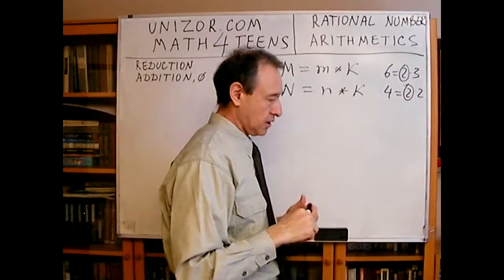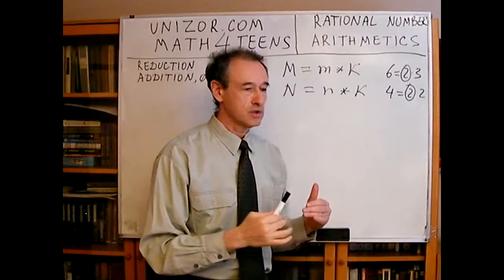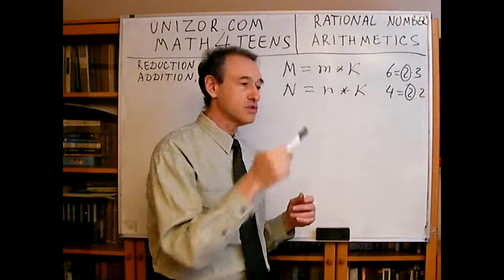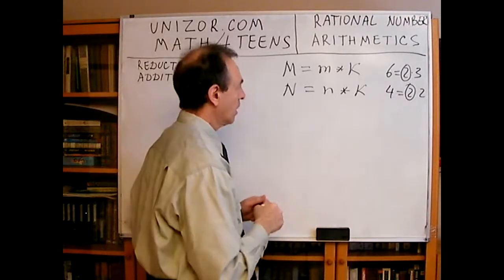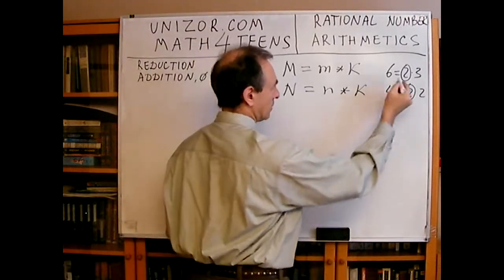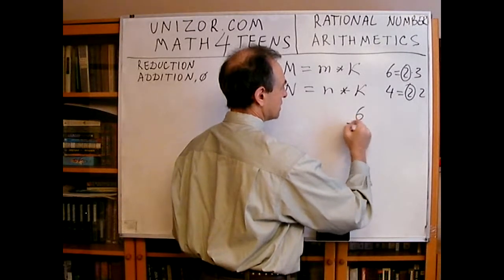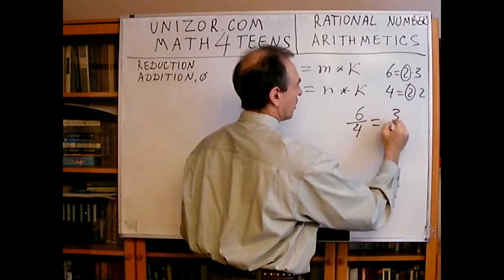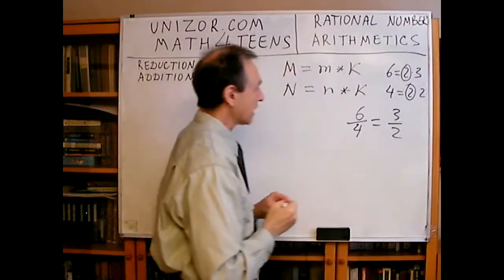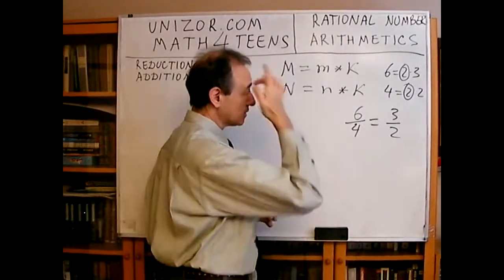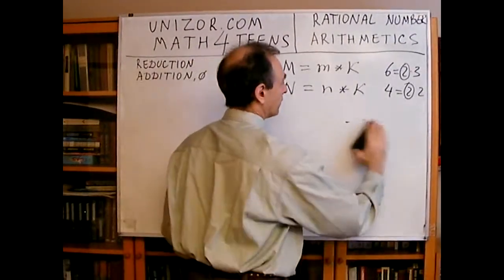So I'm trying to approach the problem of reducing the rational number, something like, in this particular case, if you have 6/4, we know that this is 3 over 2, right? So I would like to formally introduce this type of operation.